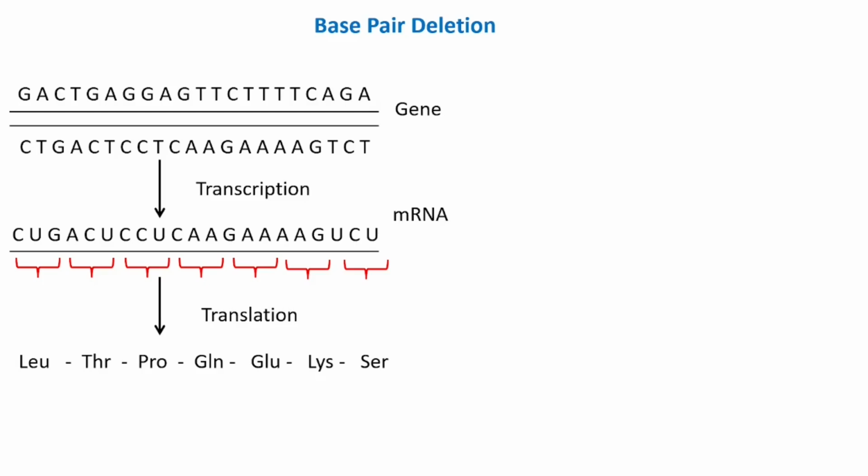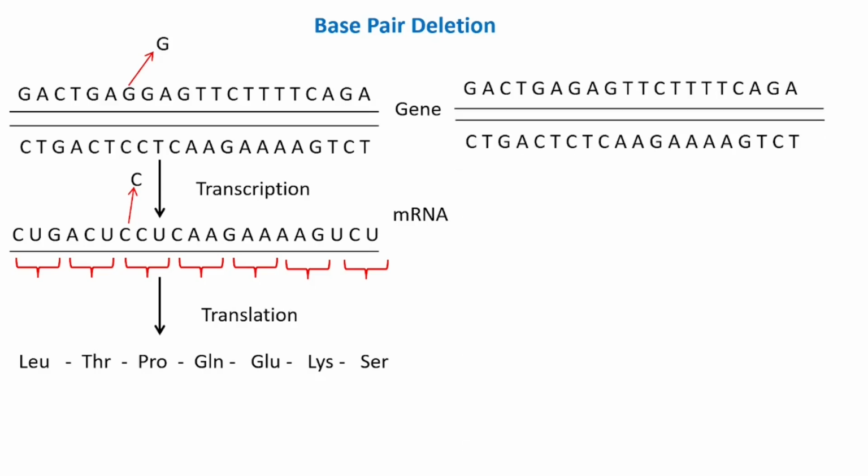The sequence of amino acids is the one which you can see on your screen. If there is a deletion of the seventh nucleotide G, there would be a simultaneous deletion of the nucleotide C from the mRNA. The mutated gene will now start looking like this with one base less.